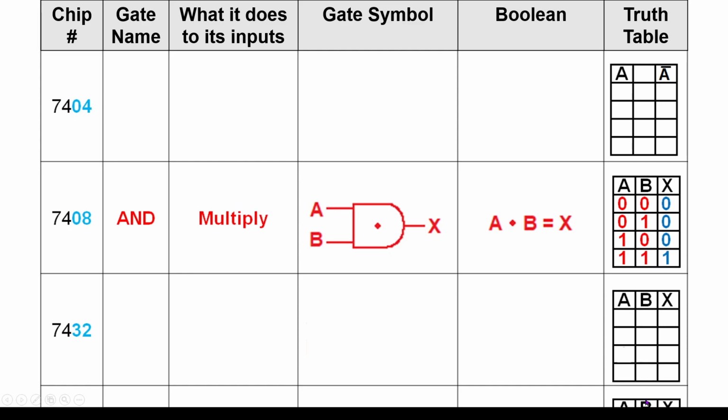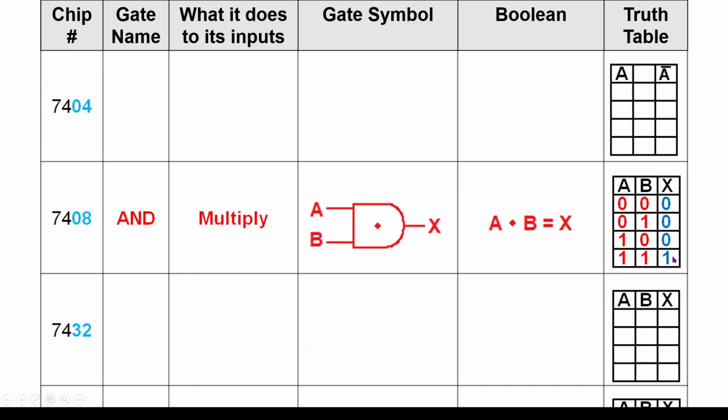And it's the same for all of these other truth tables, except this 4 gets a little wonky. If you can count in binary on all of the truth tables, then you have figured out all of the inputs for all of the other truth tables. The outputs are based on what the logic gate can do, and this one can multiply, so we simply multiply these together to get our results, and we're done with the 7408.